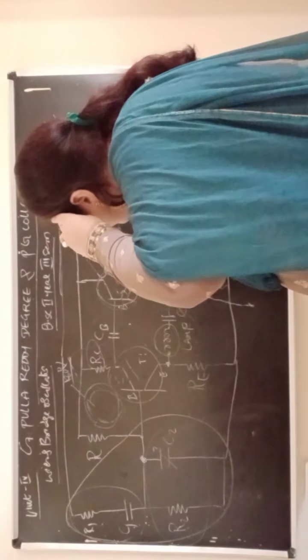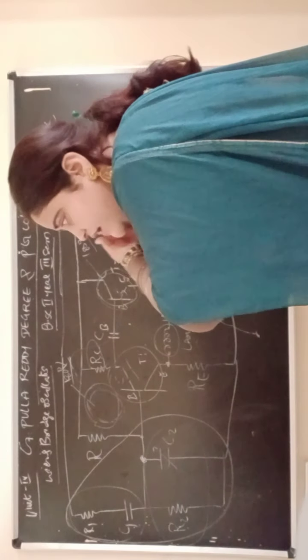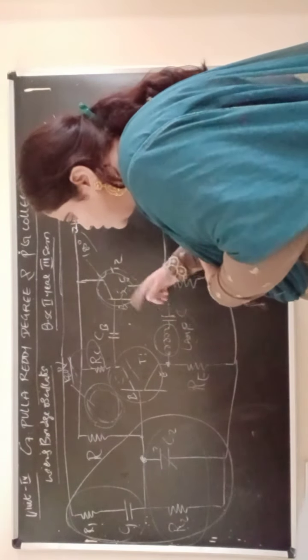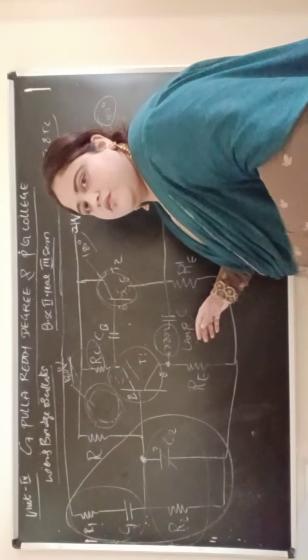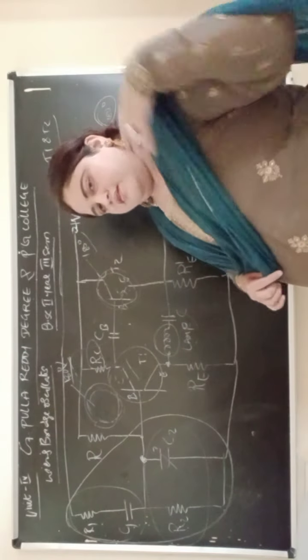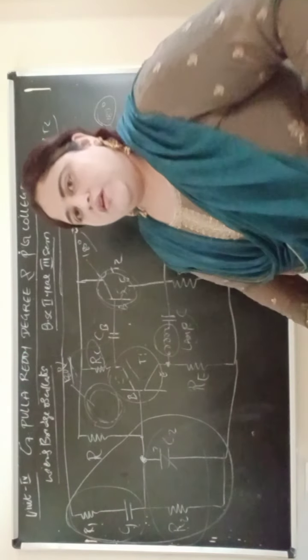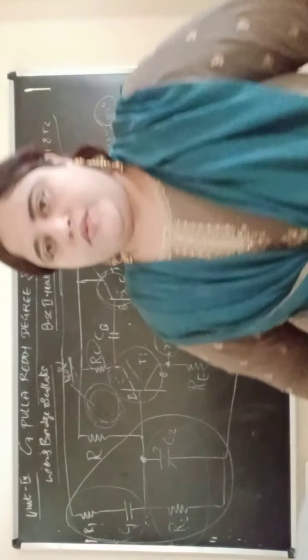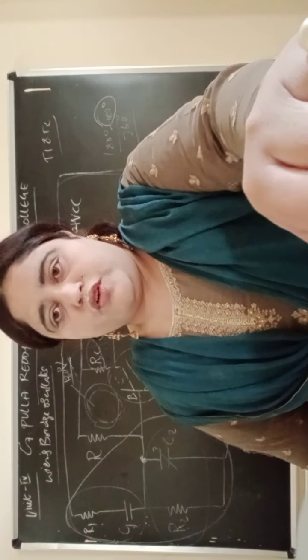Then output of T2 is going as input to T1, like that, opposite. Then what is the lamp? The lamp is used in the circuit to limit the amplitude of the waveform.